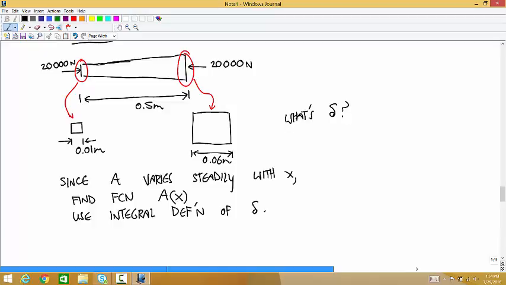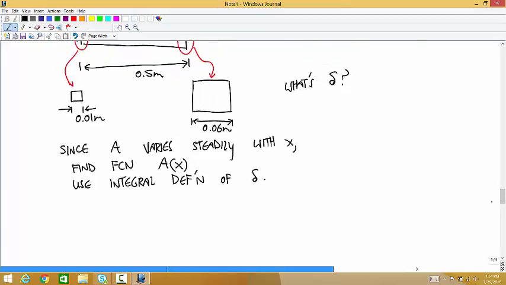All right. Well, if we think of the side length, let's plot side length first as a function of x.